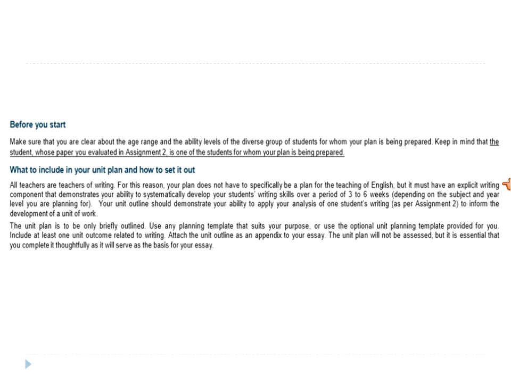Your unit outline should demonstrate your ability to apply your analysis of one student's writing to inform the development of a unit of work. If you know that you've got this student in your class and you're doing, say, maybe one of the tasks you want students to do is to prepare a maths quiz for their peers, well, there's writing there.